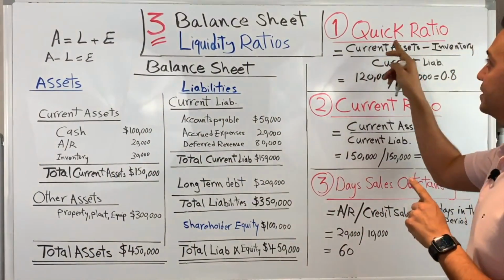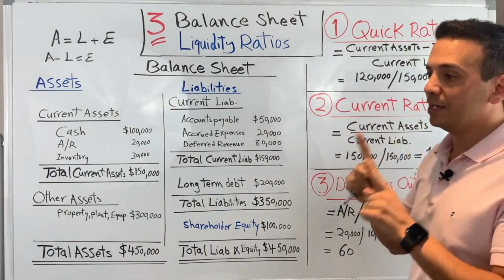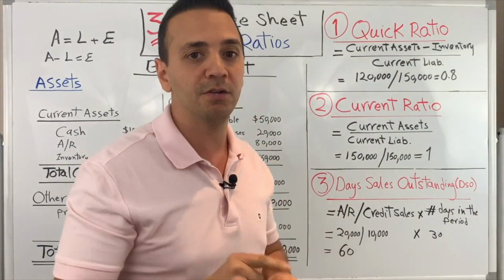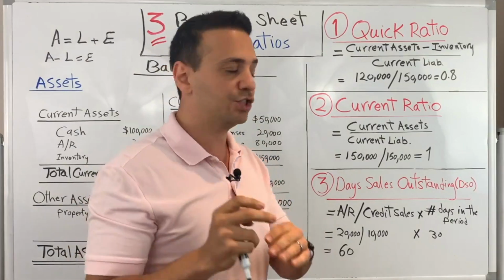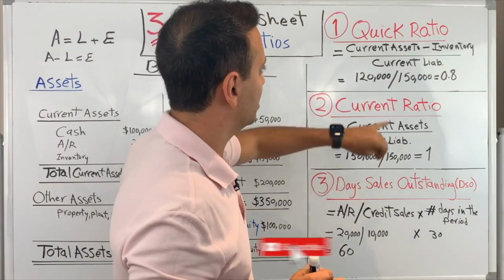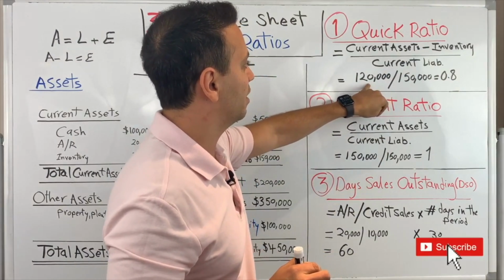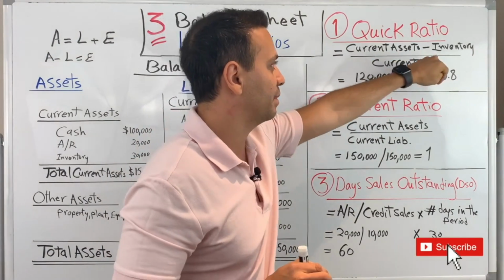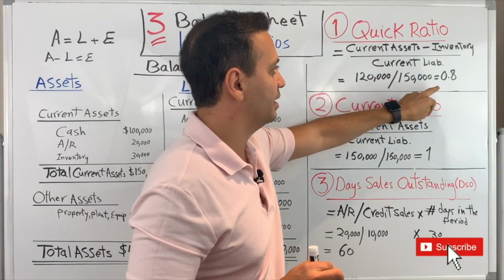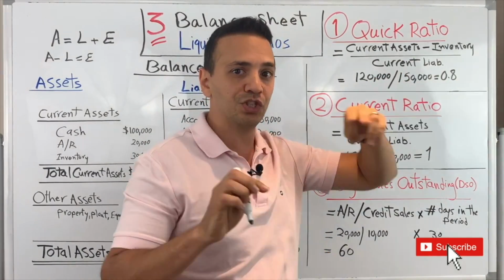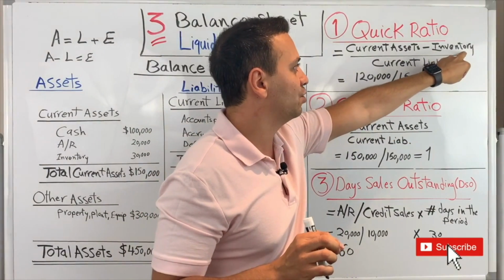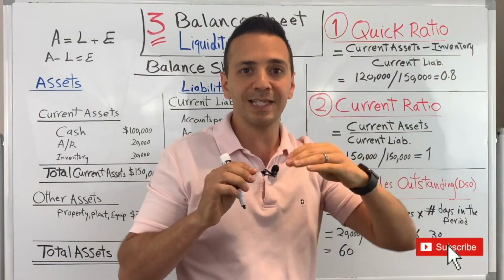As the name implies, the quick ratio implies that an asset is quickly convertible into cash, so that you can meet your current liabilities obligation. And so 120,000, current assets minus inventory, divided by 150,000 in current liabilities is 0.8, which is less than 1. The reason we subtract out inventory here is because inventory is not quick.